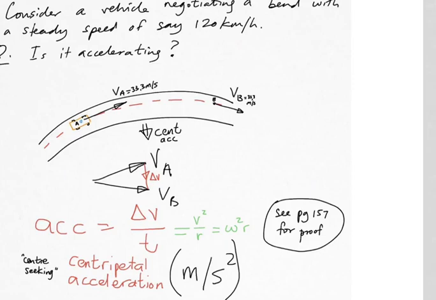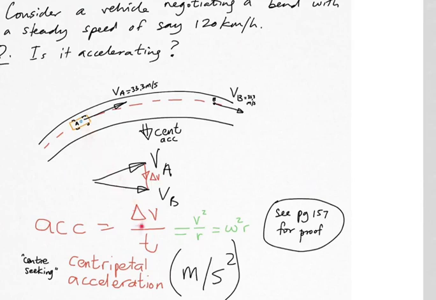That acceleration is referred to as centripetal acceleration, and it is always directed towards the center of rotation. Remember, the center of rotation of the vehicle would be a point out here somewhere. So at all times, that acceleration is directed inwards towards that point. The magnitude of the acceleration is the velocity squared over r, or alternatively omega squared r, if we were to consider an arm rotating at omega.